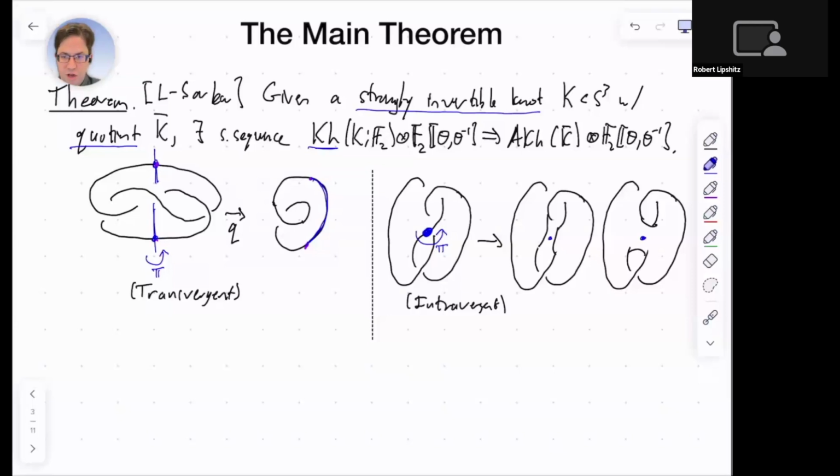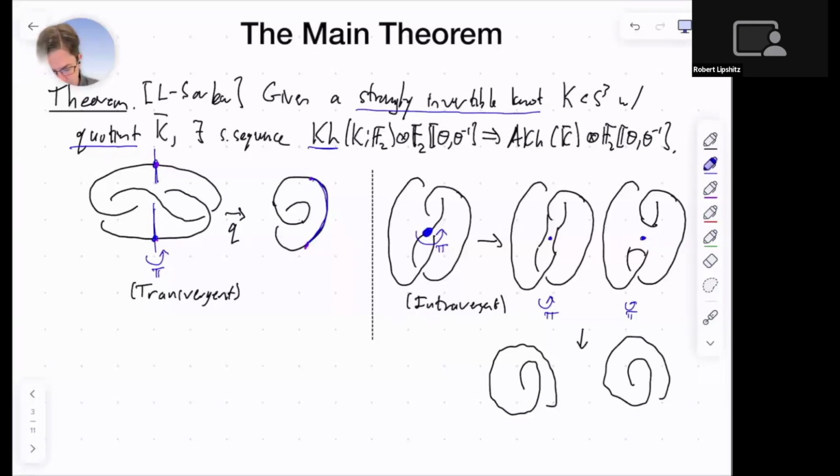Then I have a symmetry of the knot which is disjoint from the axis, a rotational symmetry by pi around the dot, with no fixed points on the knot. Then you can take the quotient. The quotient by the action looks like that in both cases, though where the axis is in the quotient is different in the two cases.